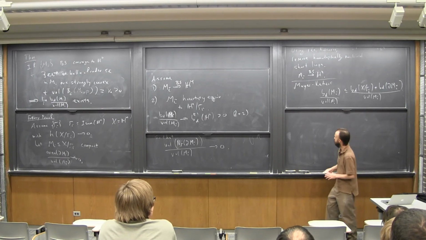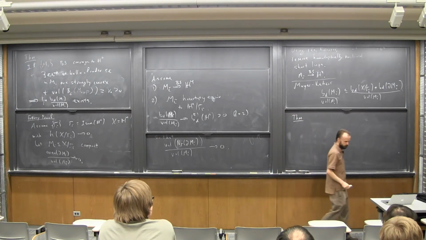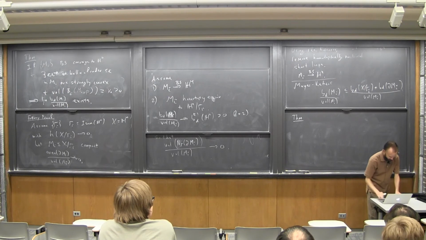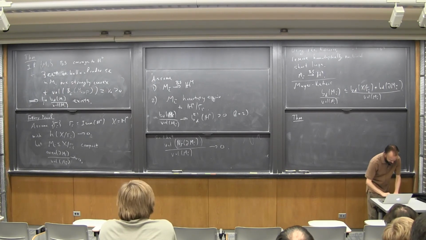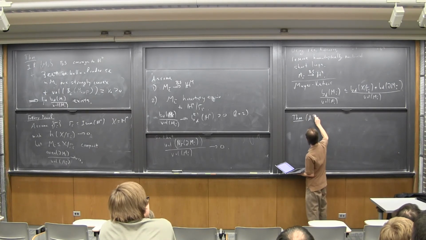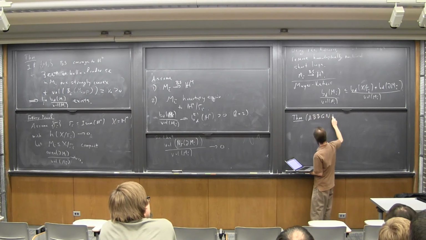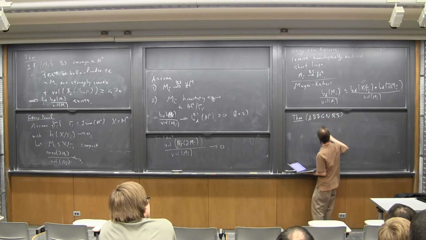This is a theorem that's due to 7 authors. I'm not going to write down all their names because of time. The 7 samurai. Yeah, the 7 samurai. So this is Abert, Bergeron, Biringer, Gelander, Nikolov, Raimbault, and Samet.